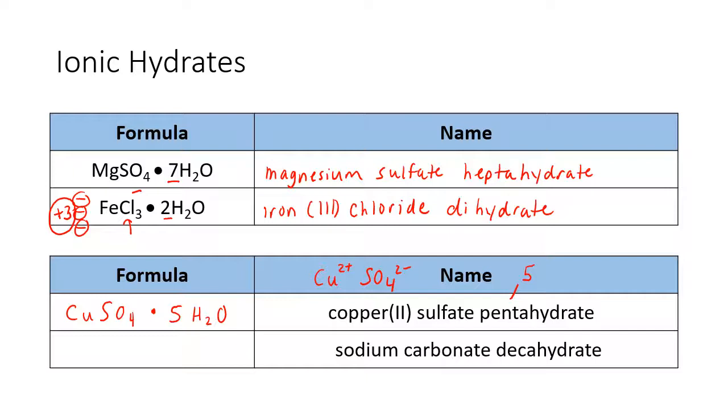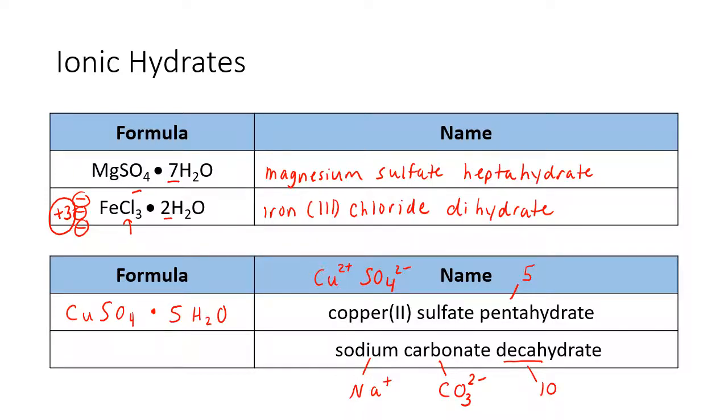And the last one, sodium carbonate decahydrate. Sodium is a representative element. It forms a +1 charge, group 1A metal. Carbonate's a polyatomic ion, CO3, and it has a -2 charge. Deca, the Greek prefix deca, means 10.